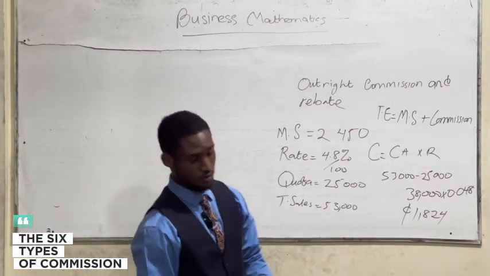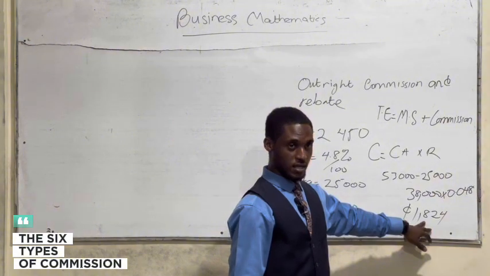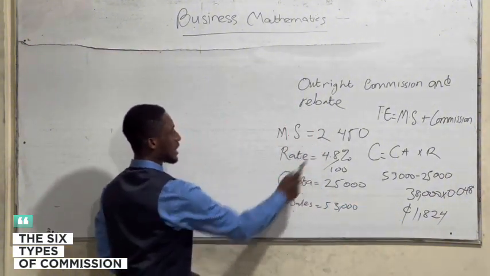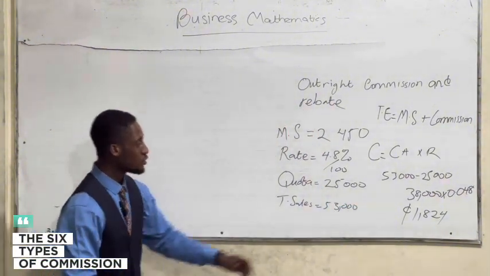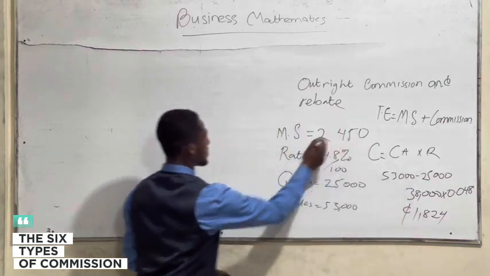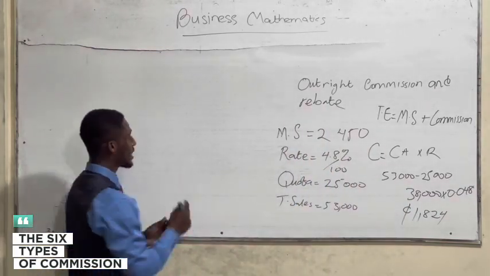So now we have our commission here, and in the question our monthly salary was also given. So what you do is you add this to this. So now we do a simple addition here.